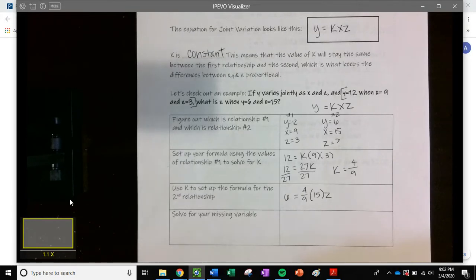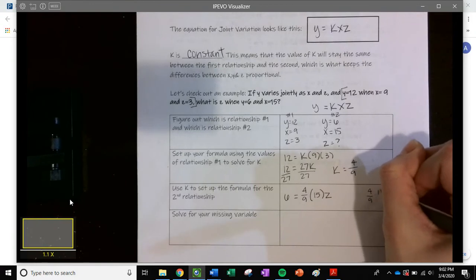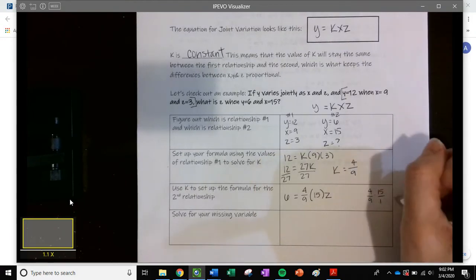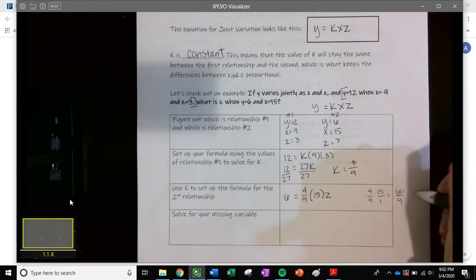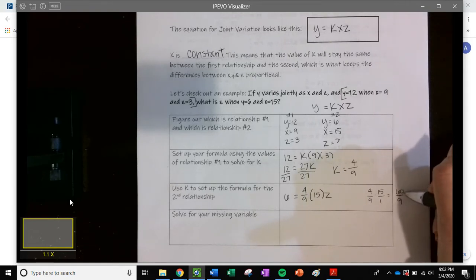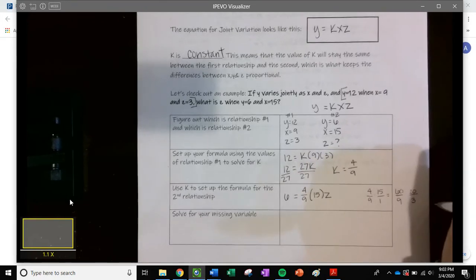I think we're going to wind up with a fraction. Let's see. 4/9 times 15 over 1. That's going to be 60 divided by 9. Does that happen evenly? No, it does not. And we can divide this down. We can reduce 60 over 9 to, let's see, 20 thirds.